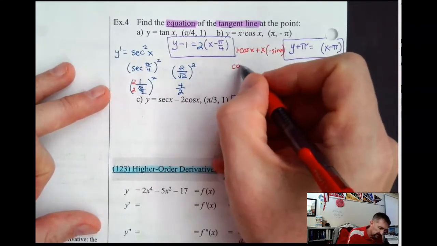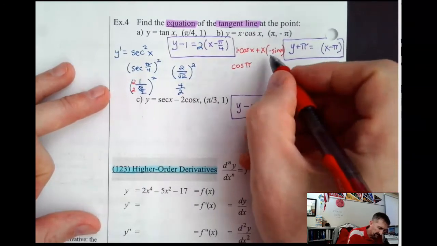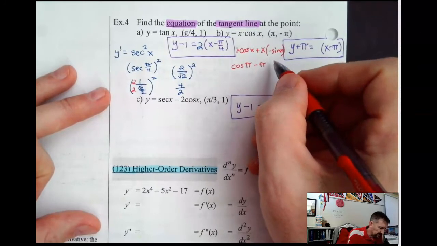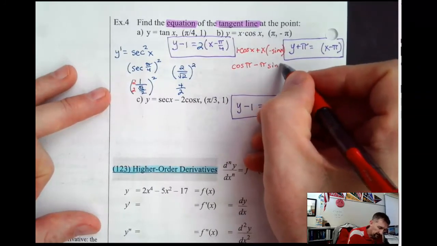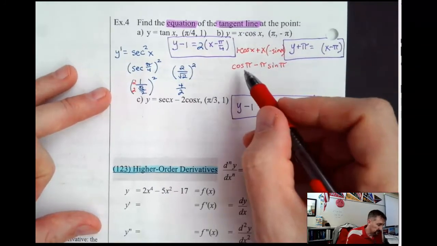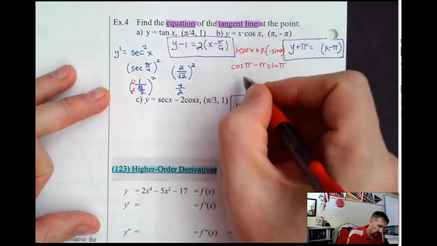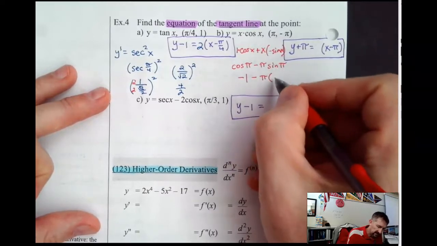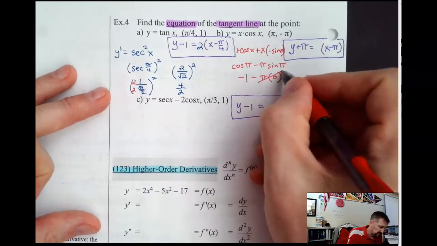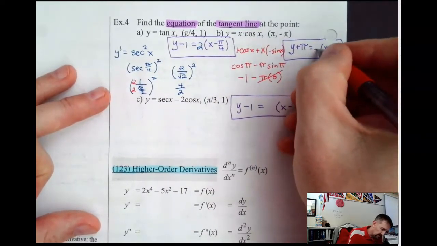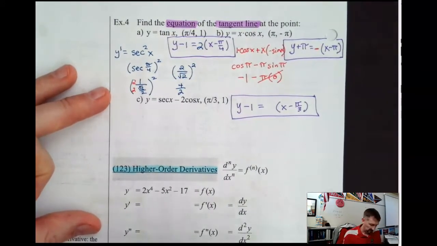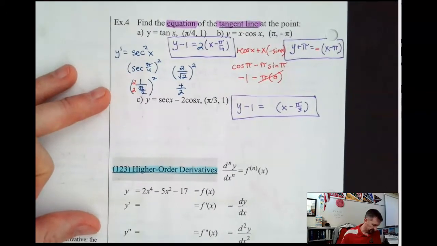So that's going to be the cosine of pi minus pi times the sine of pi. Alright, so cosine of pi is negative 1 minus pi times sine of pi is 0. So that's gone. So the slope is negative 1, or I could just put a negative there. That'll do it for that.